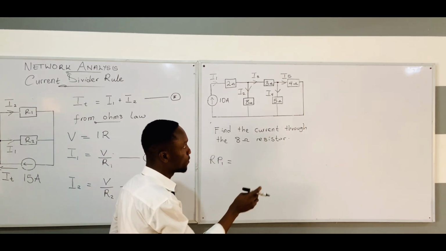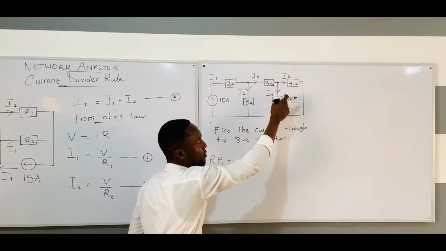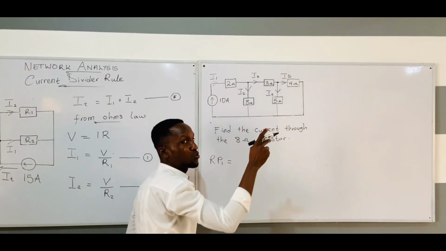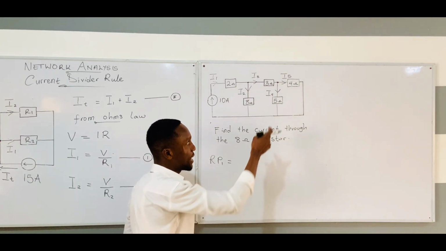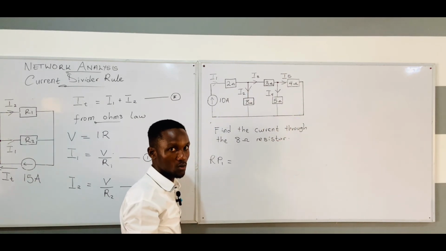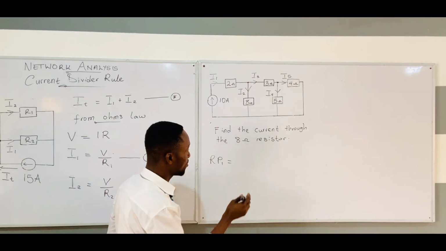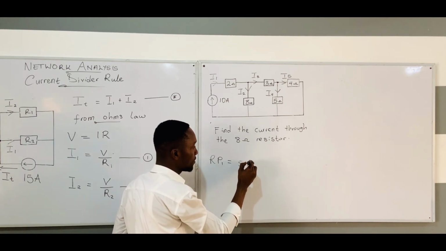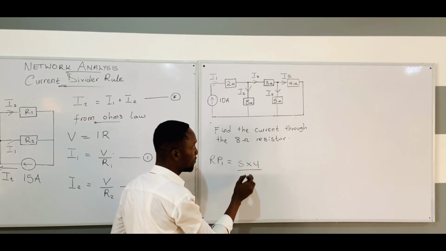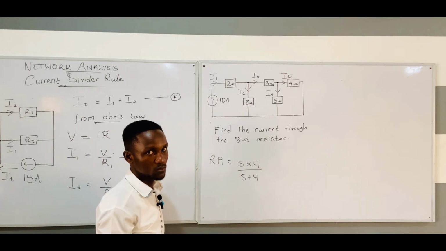RP1 is equal to, now for a parallel circuit, you know that if these two are parallel to each other, if you want to find the total resistance, you multiply them and you divide by the addition of the same values. You can read about that. So it means that we have 5 times 4 all divided by 5 plus 4.